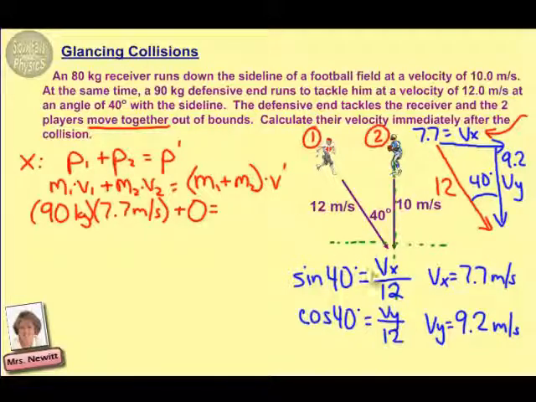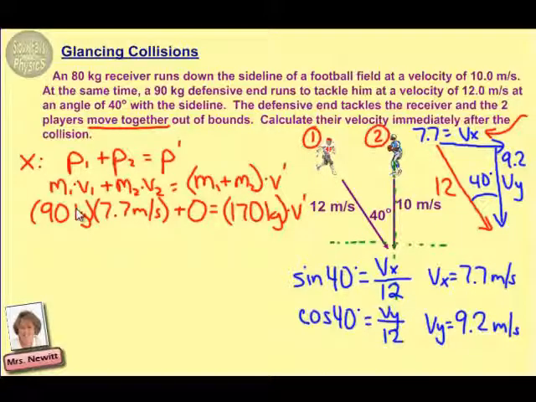He's not traveling at all in the x direction, he's just traveling vertically. And then if we put their two masses together, we have a total of 170 kilograms after they collide, and that is multiplied times our final unknown velocity.